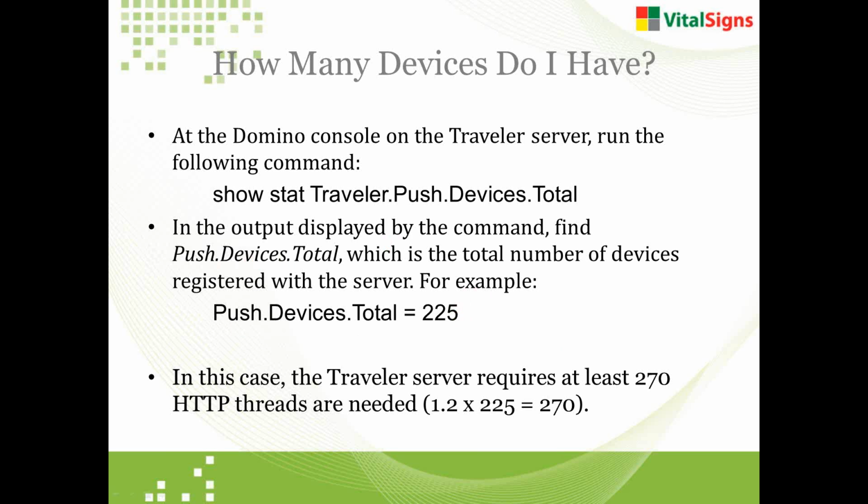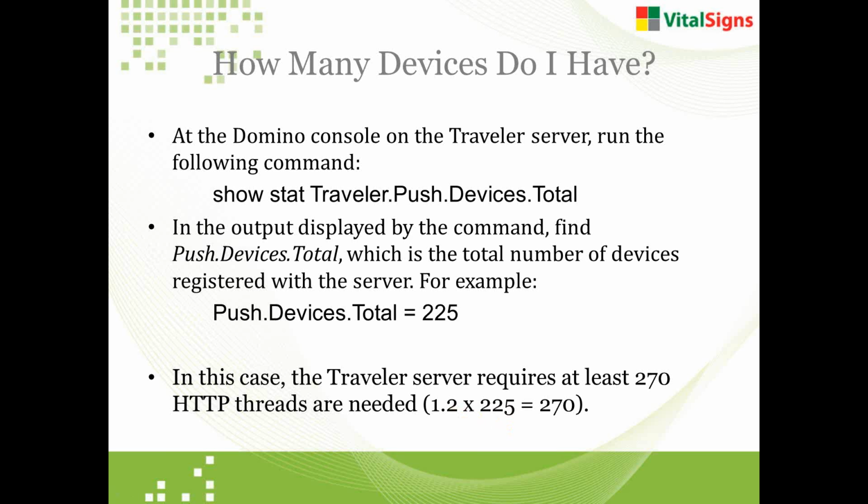So imagine, if you will, that this Traveler server has 225 devices on it. In that case, you would need at least 270 HTTP threads, because according to the advanced calculation here, 1.2 times 225 is 270.